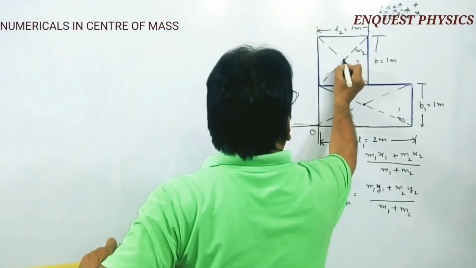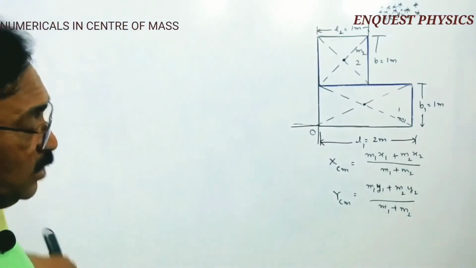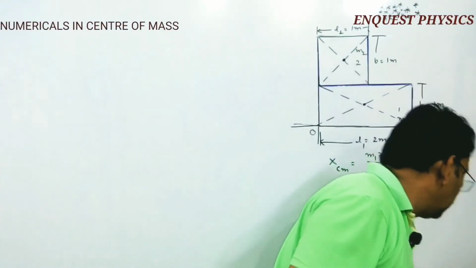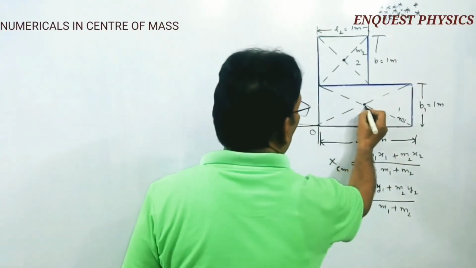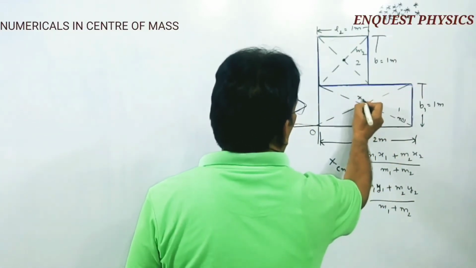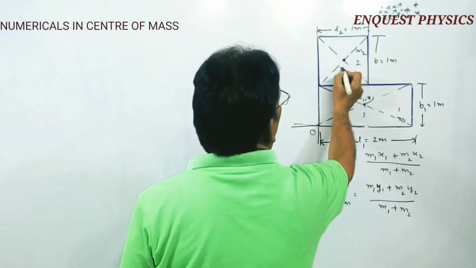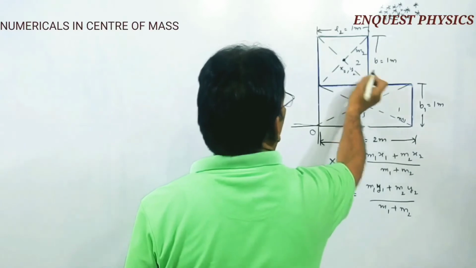Okay, it is a centroid. With the help of these two centroids, we have to find the coordinates, students. Let's say these are x1 and y1, and for this one x2 comma y2.